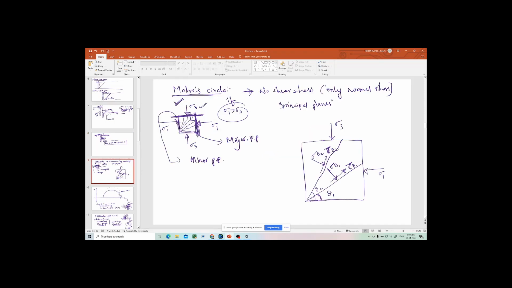Then we also discussed Mohr circle. Mohr circle is drawn to know the stress states in a soil element, any element.